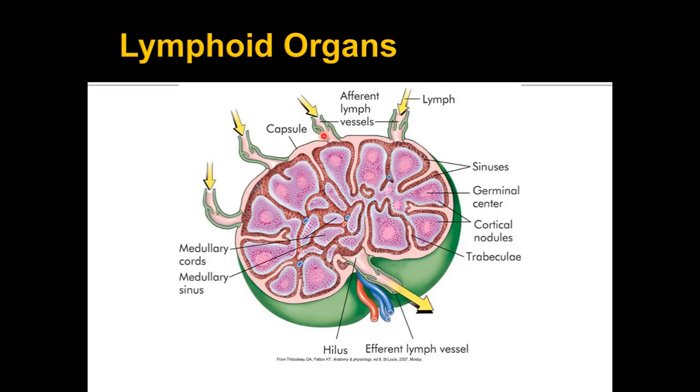So if there's an antigen or a pathogen that arrives to the lymph node, then we might have clonal selection occurring where a particular T or B cell recognizes that antigen, and then we've got the clonal expansion and all of that immunological stuff that we talked about earlier in the quarter.